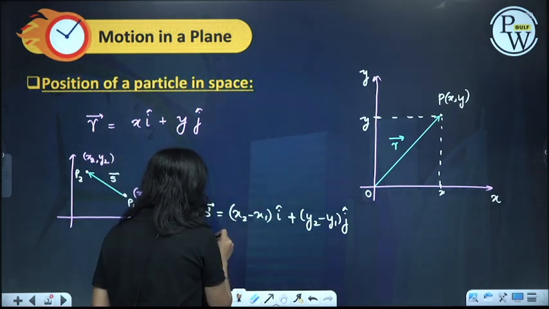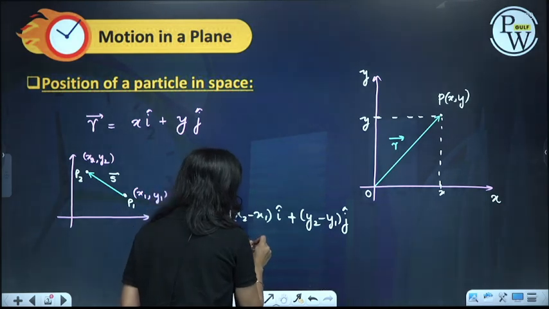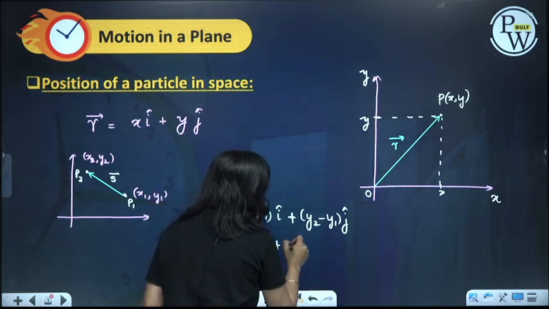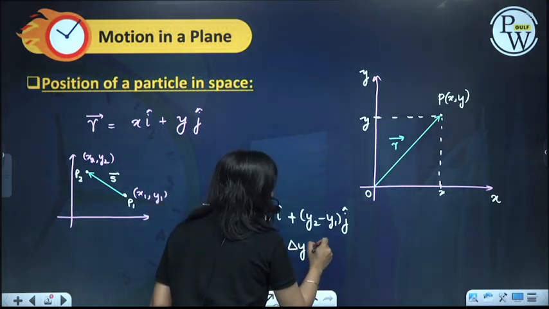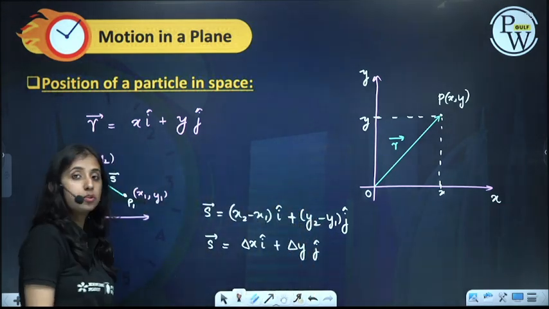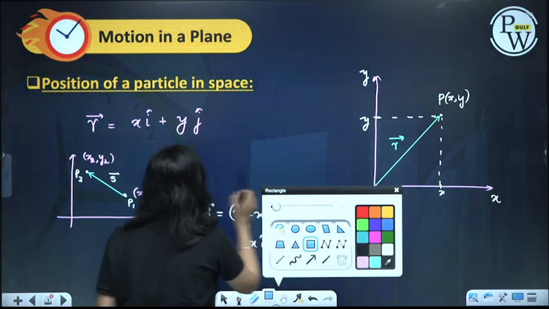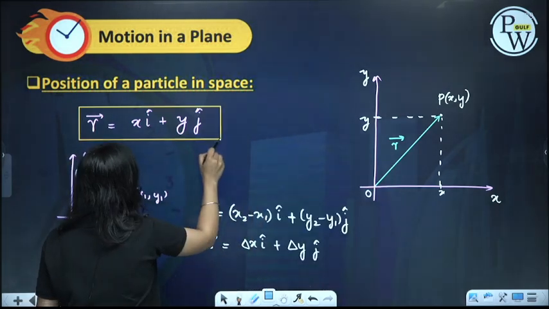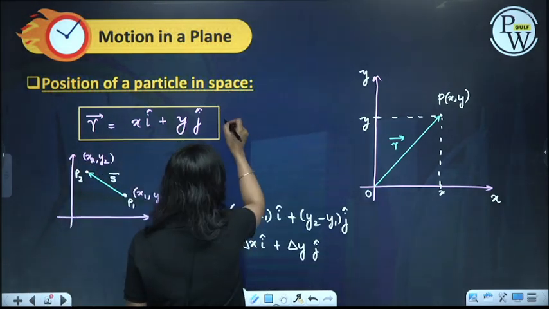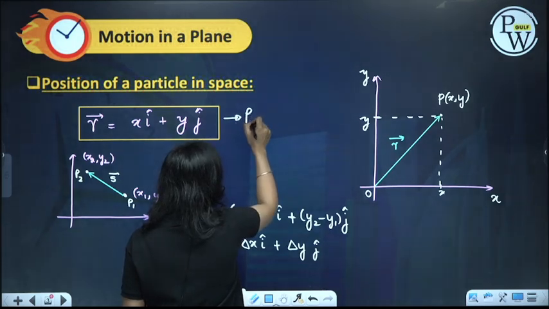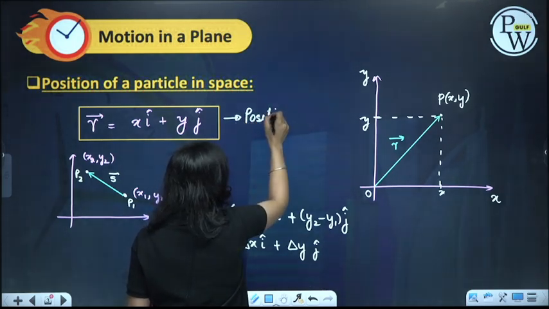We can also write it as delta x i cap plus delta y j cap. This is our displacement vector, and this is how we write the position vector. This is the position vector of the particle. The r vector is called the position vector.